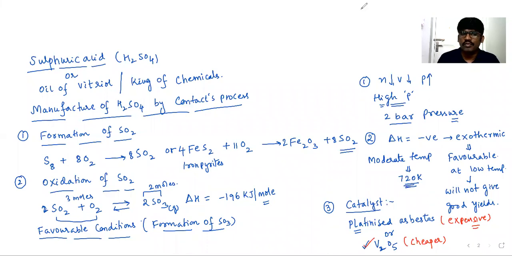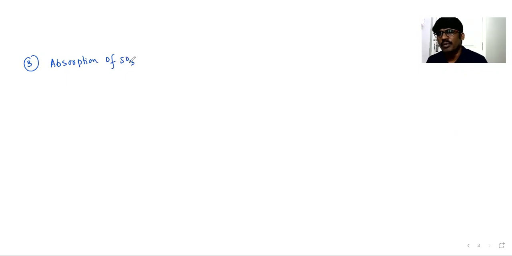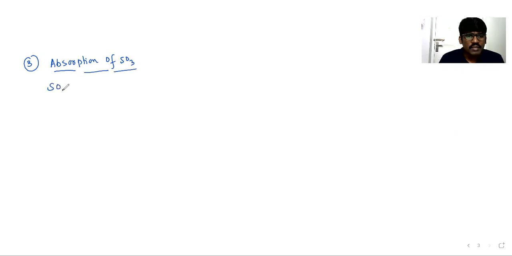Please copy it and we'll go for the next step. Step number 3 is absorption of SO3. A very important step. Once SO3 is formed, that SO3 must be absorbed. This absorption of SO3 can be done by spraying concentrated H2SO4.